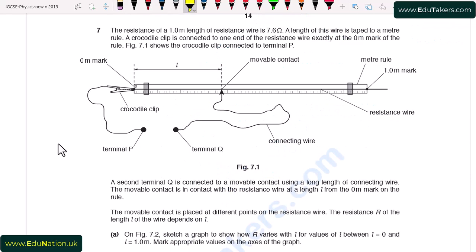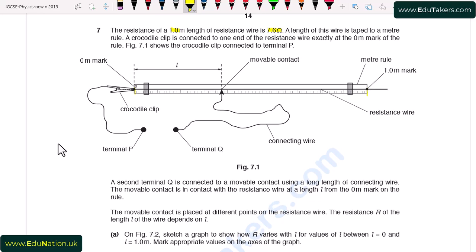Question number 7. The resistance of a 1.0 meter length of a resistance wire is 7.6 ohms. So first of all, the resistance of this full scale of 1 meter is 7.6 ohms. A length of this wire is taped to a meter rule.